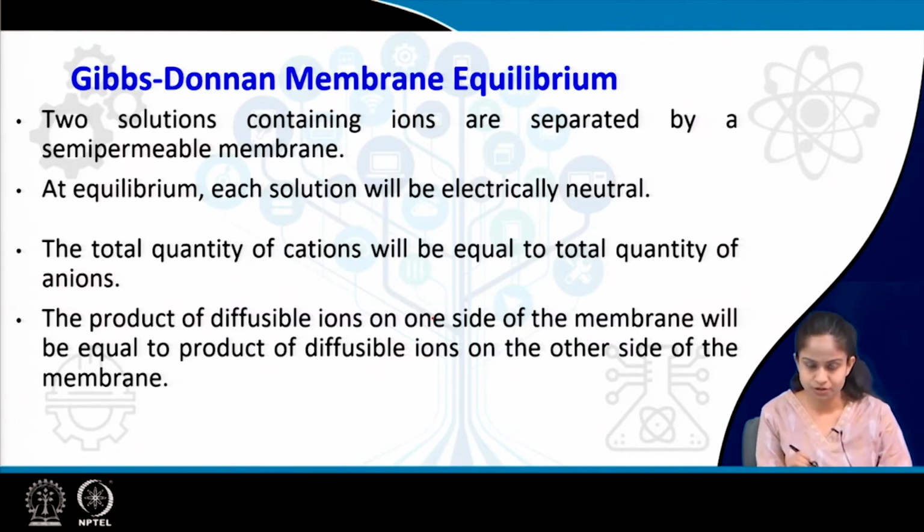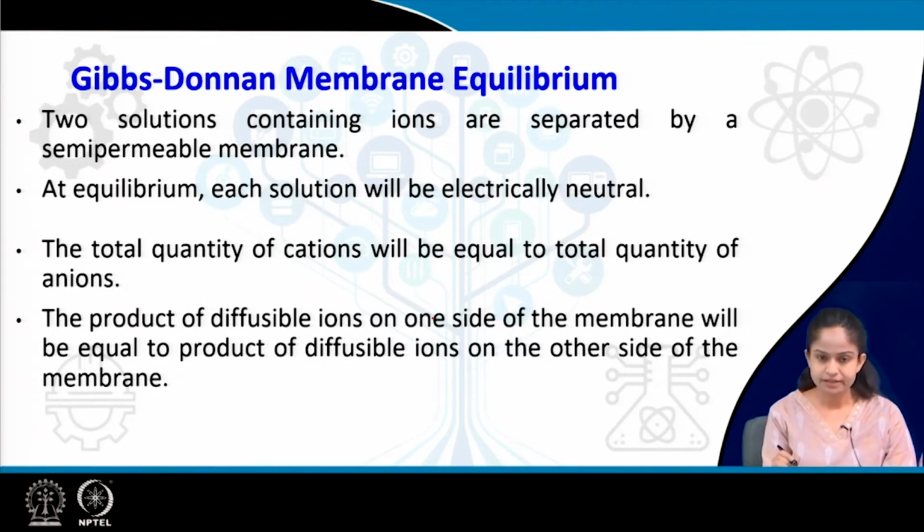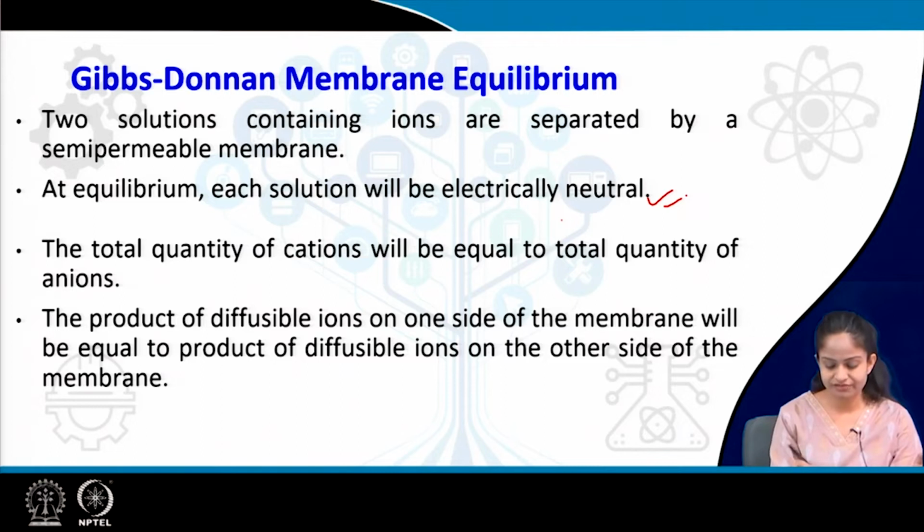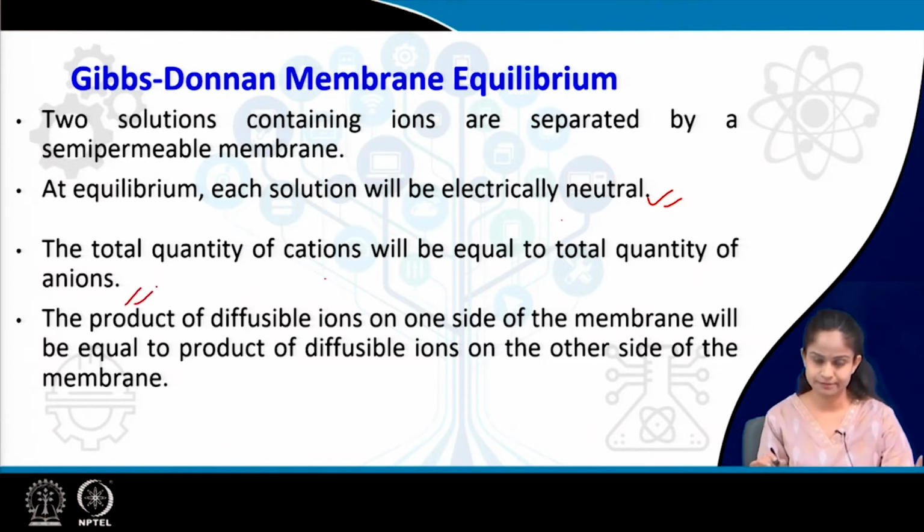When two solutions are separated by a semi-permeable membrane, they will be at equilibrium when each solution is electrically neutral. How do we say that solutions A and B, separated by a selectively permeable membrane, are at equilibrium? Firstly, the total quantity of cations will be equal to the total quantity of anions.